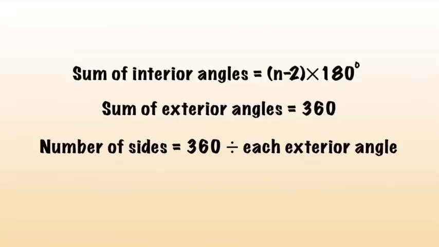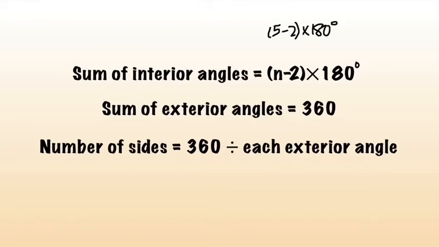So the last part of this chapter is about some calculation of the polygon. So the first one is the sum of the interior angles of a polygon. So the n here represents the number of sides. So for example, there is a pentagon. We know that it has 5 sides. So while you are doing the calculation, you have to write it as 5 minus 2, times 180 degrees.